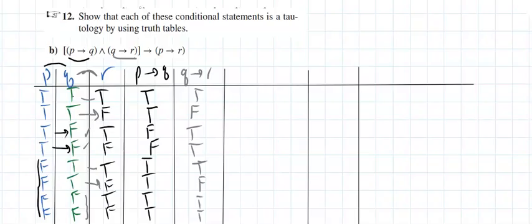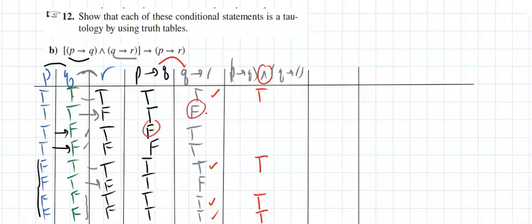Now I want to take P implies Q and Q implies R. So now I'm looking at those two. Remember, it's and. The only way this is true is if they're both true. So this is true. This is true. This is true. This is true. And the rest, since there is one false in there, those are automatically false.